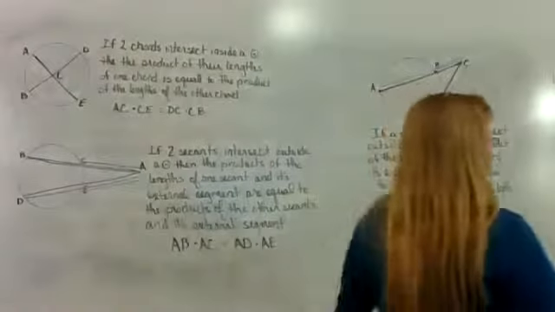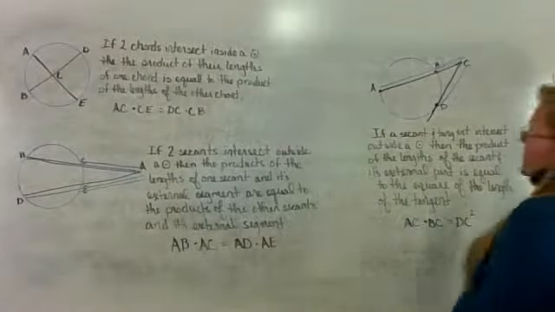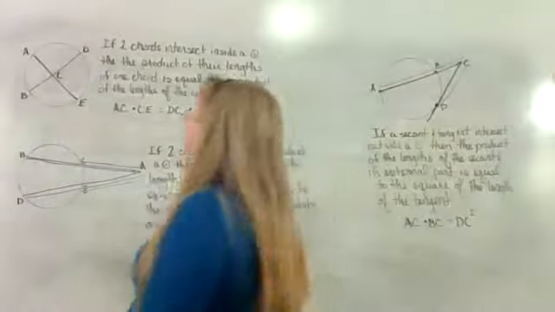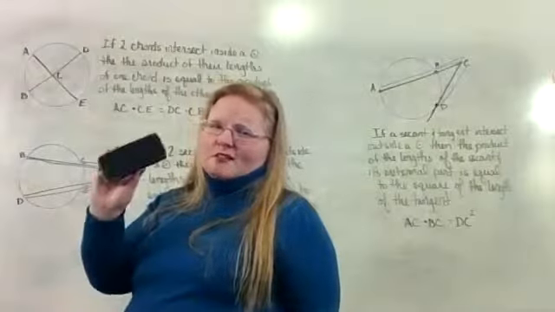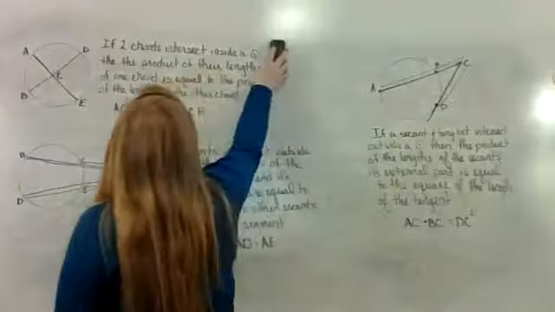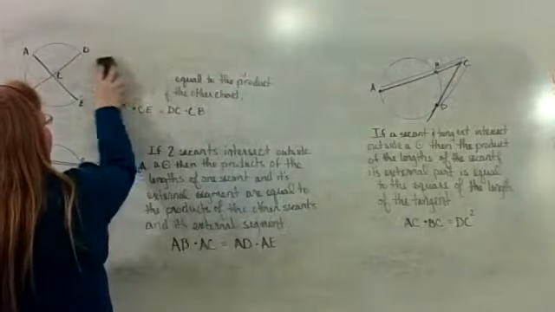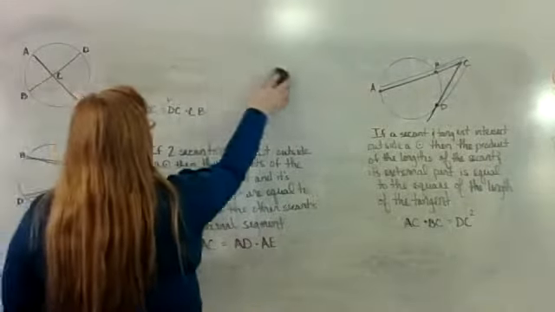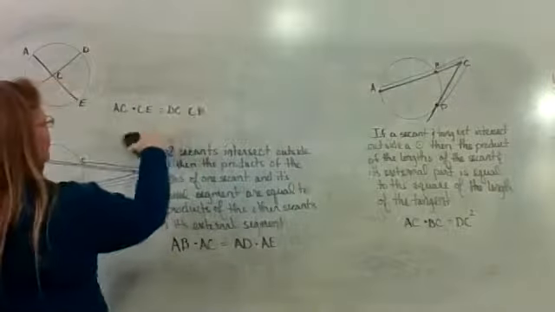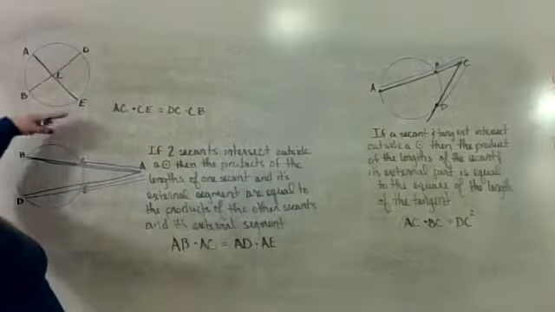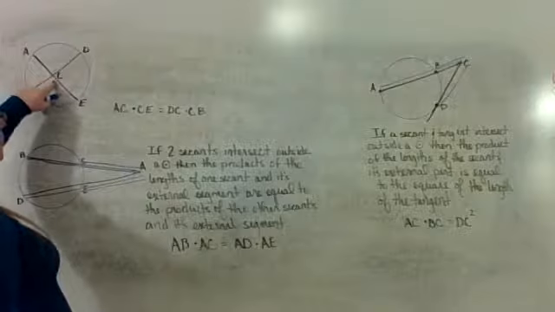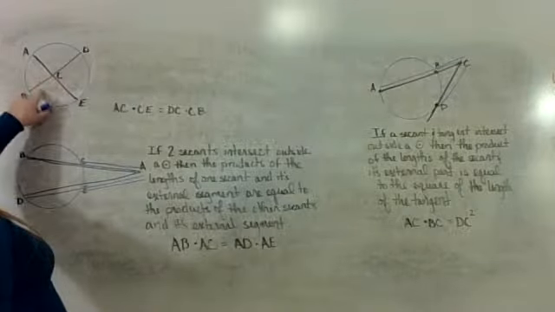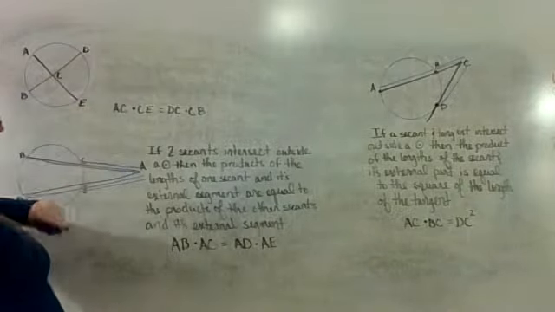So I can go back now and erase the words, because you've already written them down. I know you. You paused a long time ago and wrote them down at the beginning of the tape. So I can go back and get rid of this and just have this shorthand to remind me that when we have intersecting chords, these lengths get multiplied and those lengths get multiplied.